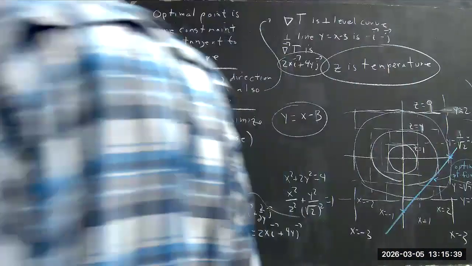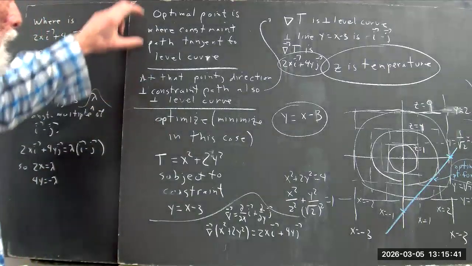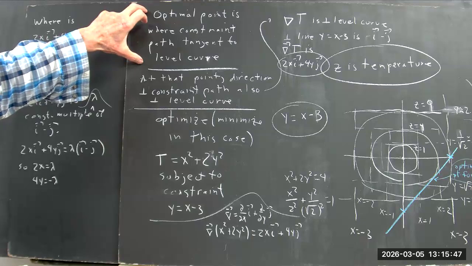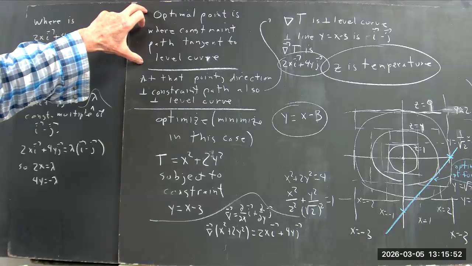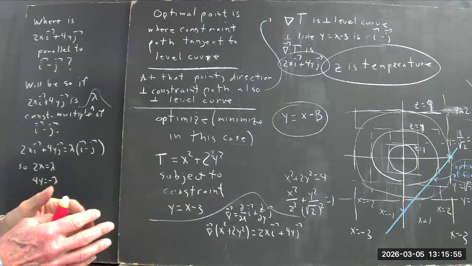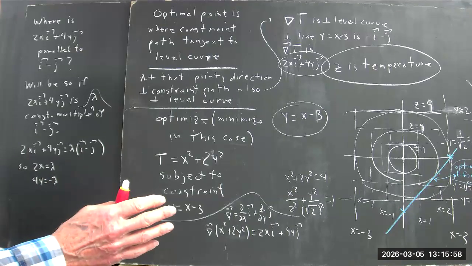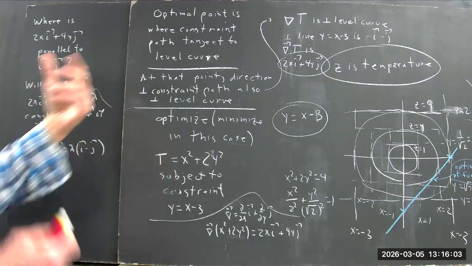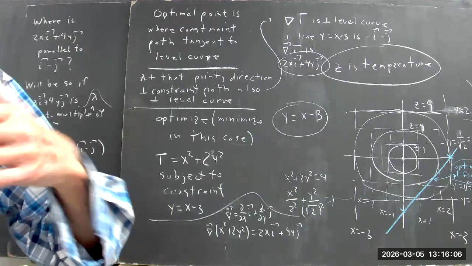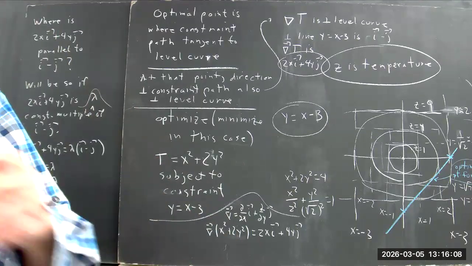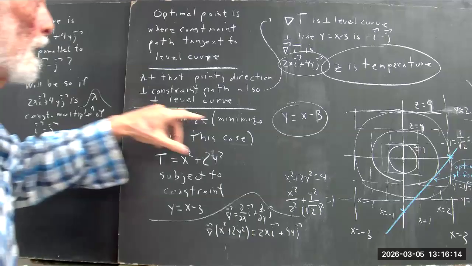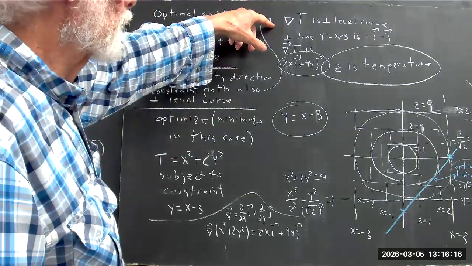Okay, forgot to turn on the camera, but let's see where we are. We've said that the optimal point is where the constraint path is tangent to the level curve, and that's true. If the constraint path is tangent to the level curve, that means parallel to the constraint path is the same as parallel to the level curve, which means perpendicular to the constraint path is perpendicular to the level curve. What's perpendicular to the level curve?